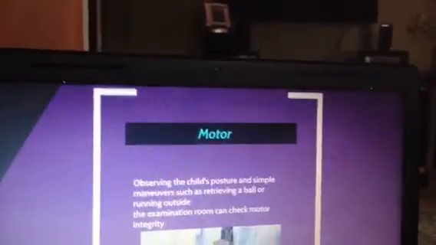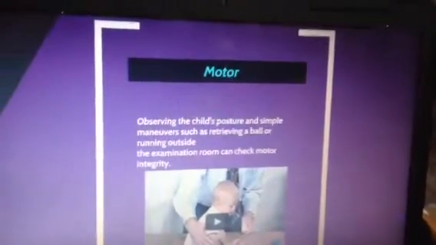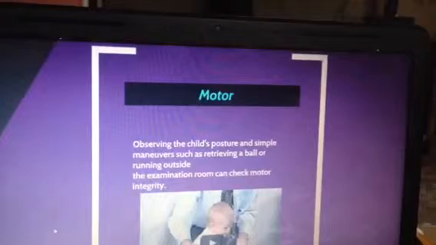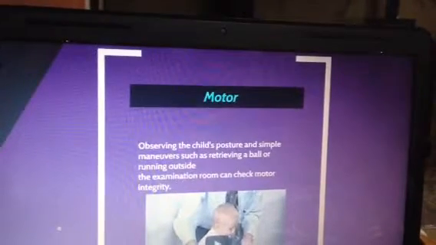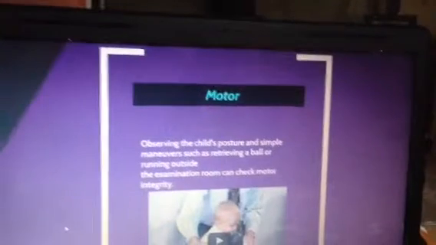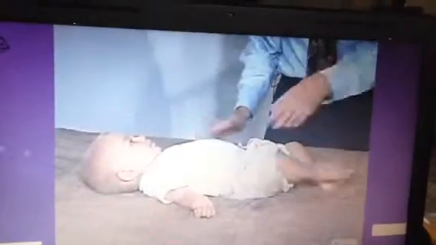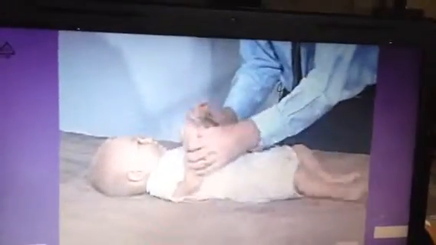In the motor examination, we observe the child's posture and simple maneuvers, such as retrieving a ball or running outside. The examination room can check motor integrity. Watch his hips.